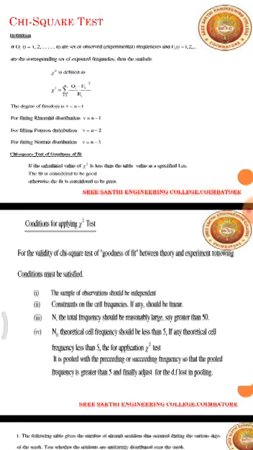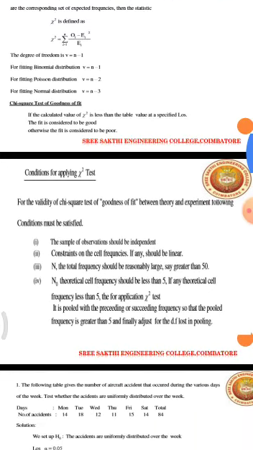Next, conditions for applying the chi-square test. The sample observations should be independent. Second, the constraints on the cell frequencies, if any, should be linear. Third, N, the total frequency, should be reasonably large, say greater than 50 or at least 50.